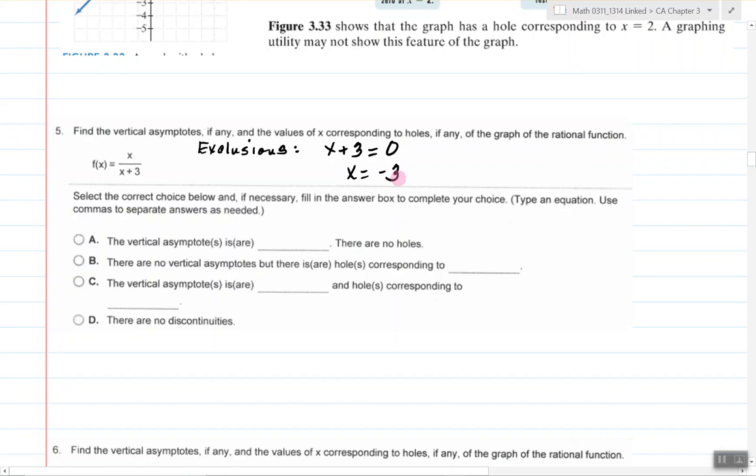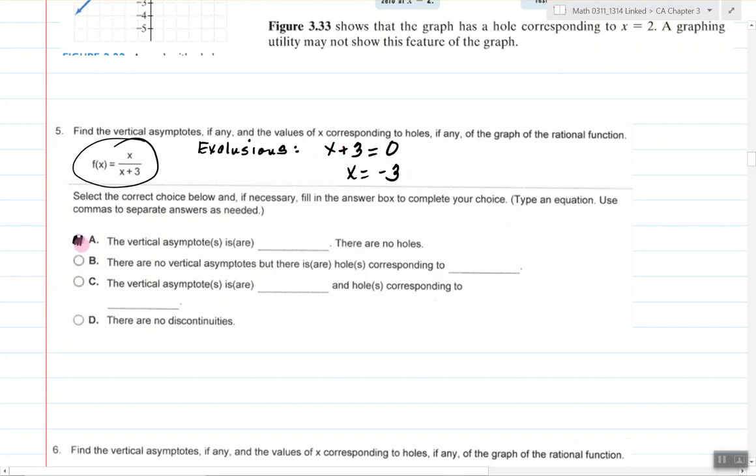Now, is it a vertical asymptote or is it a hole? All you have to check is, can this be reduced? Can it be simplified? And if it can be simplified, does this x plus 3 go away? The answer is no. It's already in lowest terms.